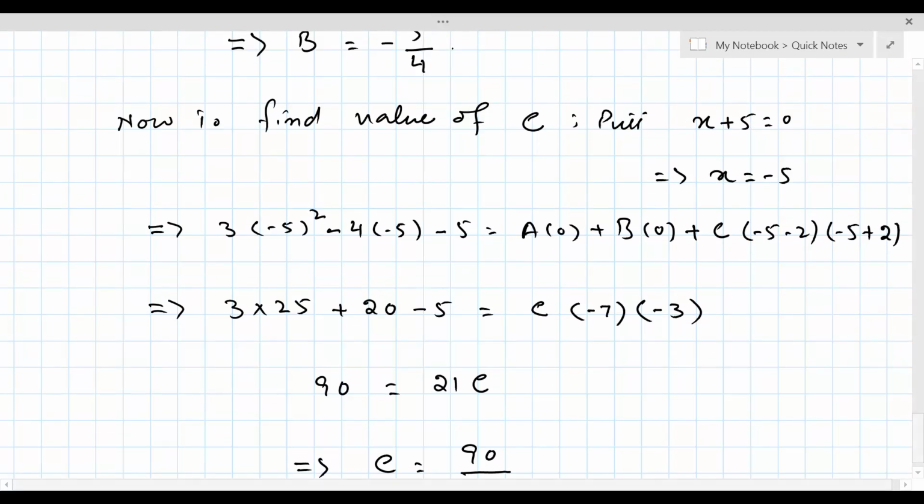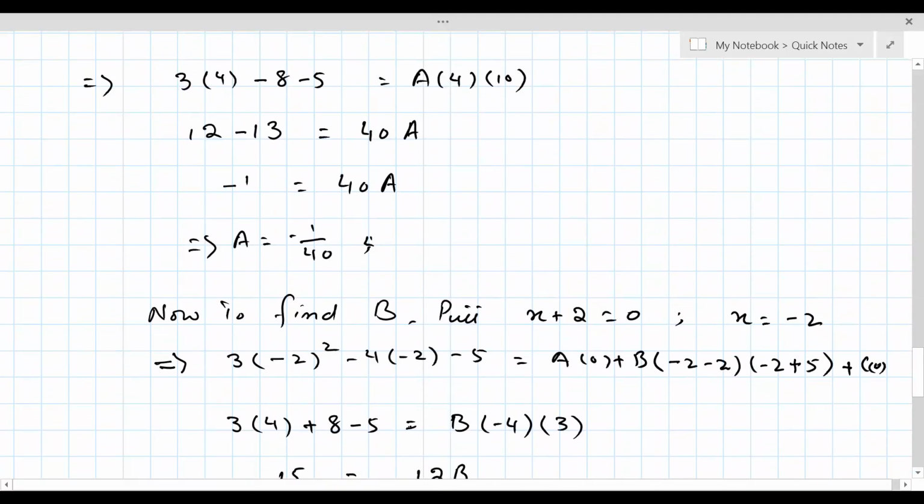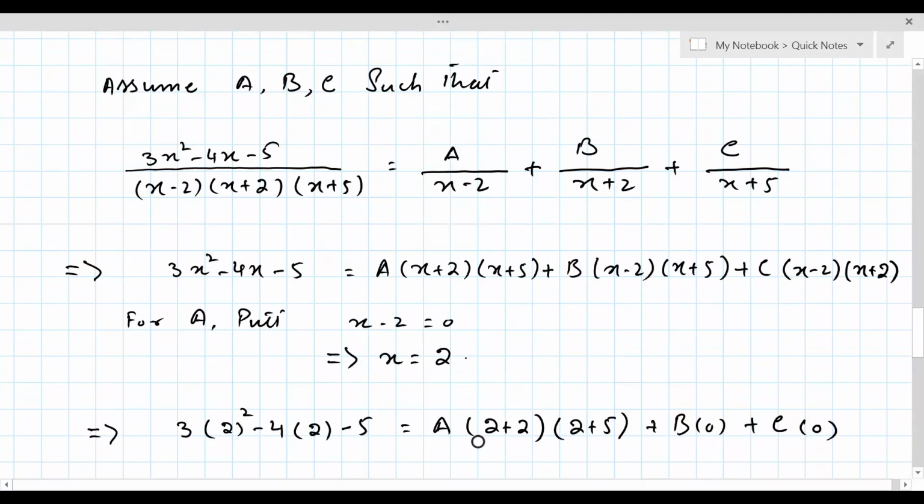Substituting the values of c, b and a in equation number 1 here. Well, this was 1, so let's call this equation 0 and call this equation 1.